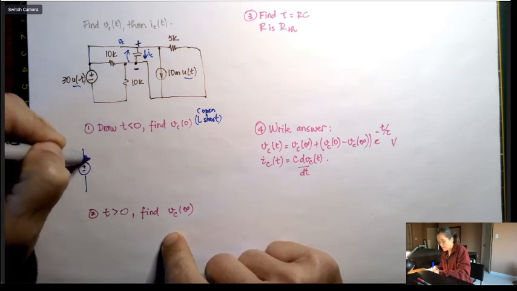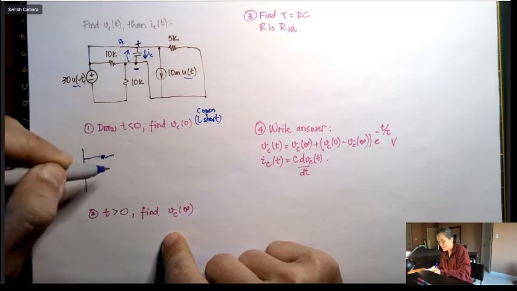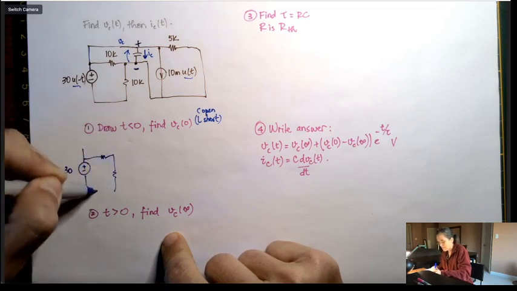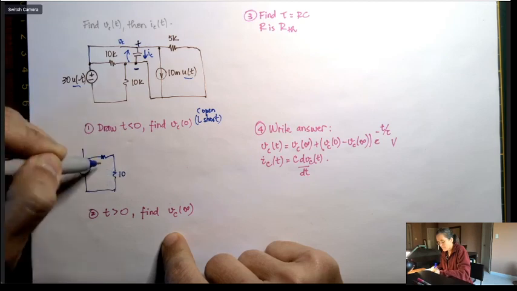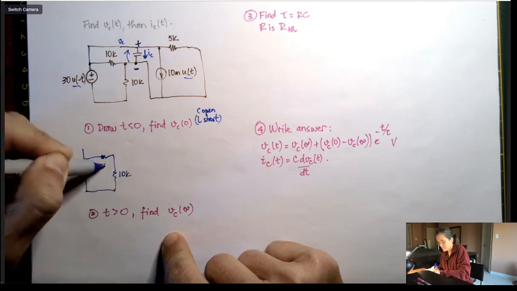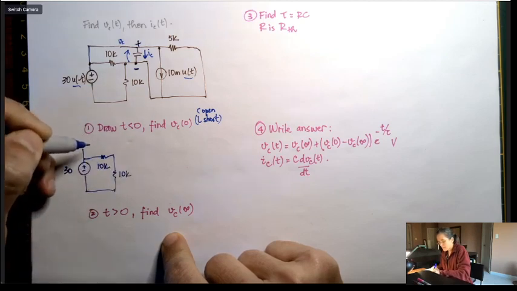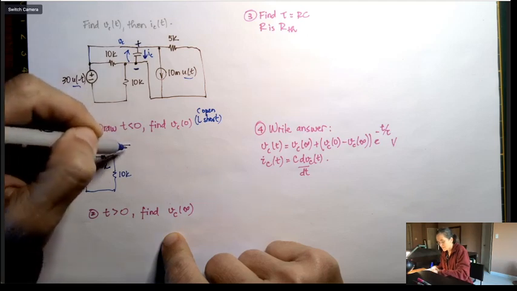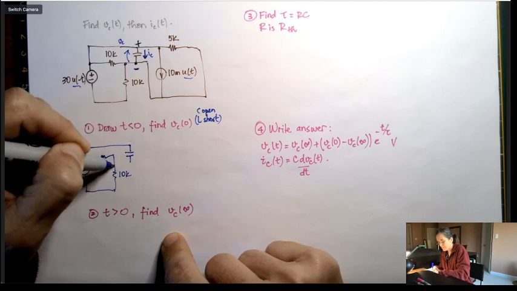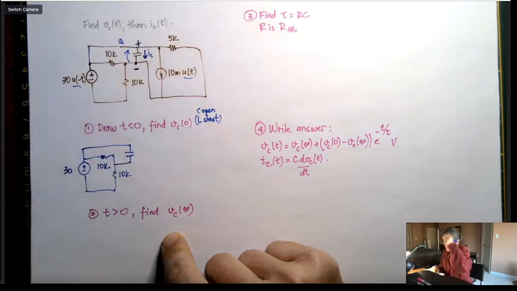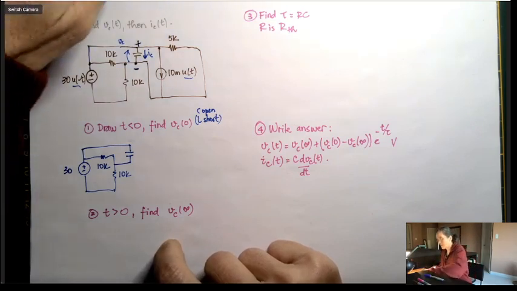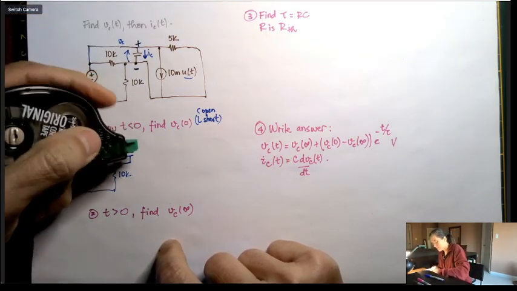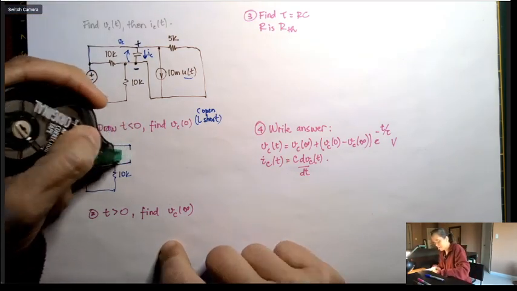And then there is the 10K and another 10K. And then the capacitor. I know, not the capacitor. Of course, I want to leave the capacitor open, but I want to remember where the plus and the minus are.